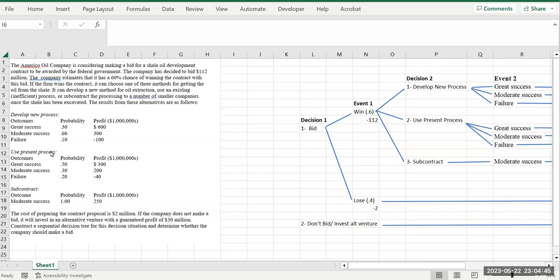Depending on the method the company chooses, there may be different outcomes with different probabilities.